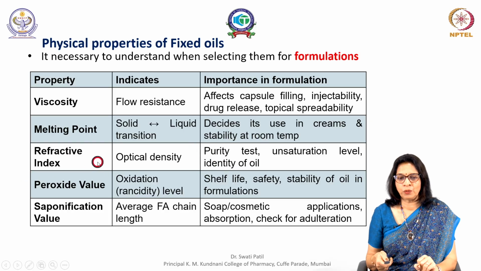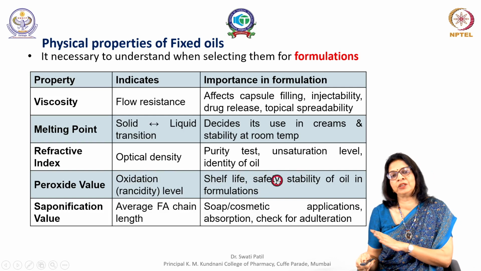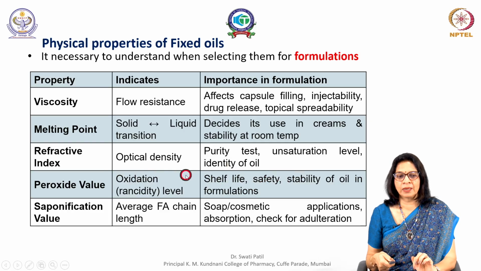The peroxide value tells us the rancidity status of the oil, and hence it will help us determine the shelf life and stability of this oil and will directly tell us the stability of the formulation.